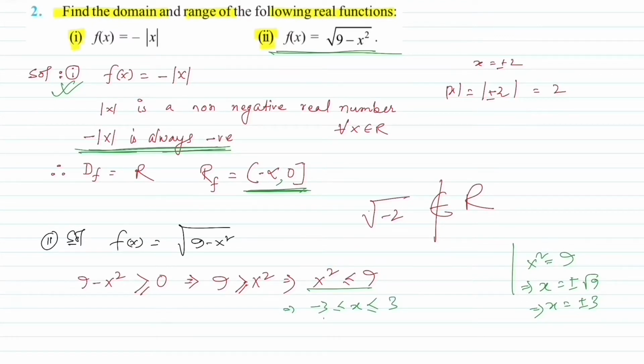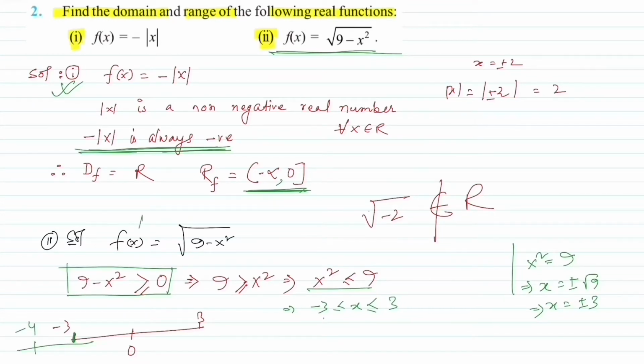Okay, let me explain why. Now you see, this is the real number line, this is 0, here it is suppose -3, and here it is +3. As we have already mentioned, 9 minus x square is always greater than or equal to 0. Now, if you take any value which is less than minus 3, it may be minus 4.